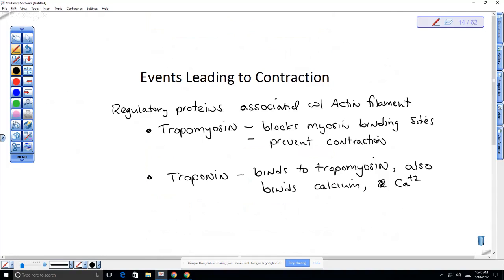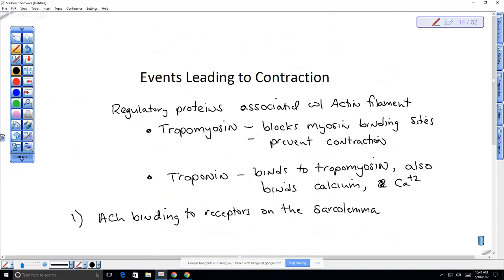Okay, so the first thing that has to happen for contraction to occur is that we must have ACh binding to receptors on the sarcolemma. And remember that acetylcholine acts directly. So these receptors are also ion channels.